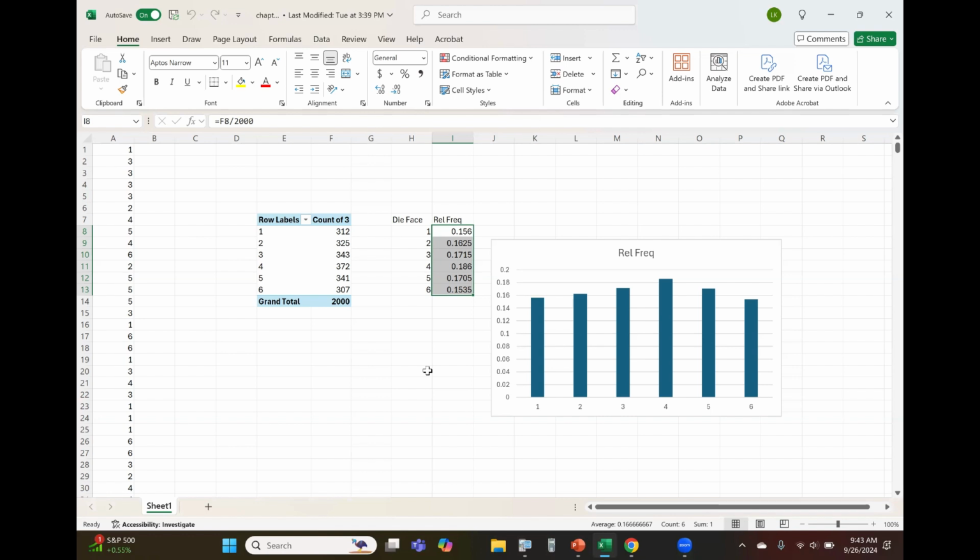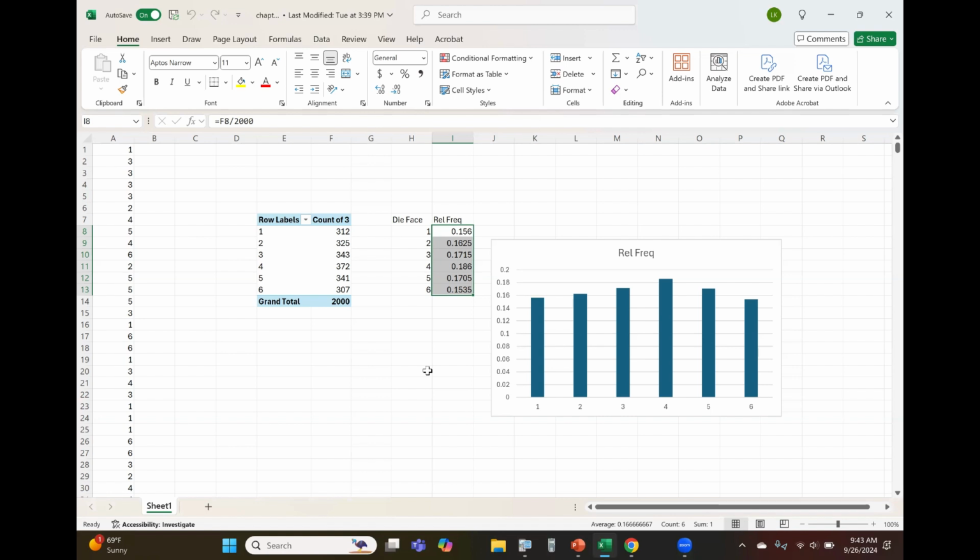So what value, when I roll a die, can I get? And then in my 2,000 simulated rolls over here, this is the number of ones I got, the number of twos, the number of threes, etc. So that is a frequency table.